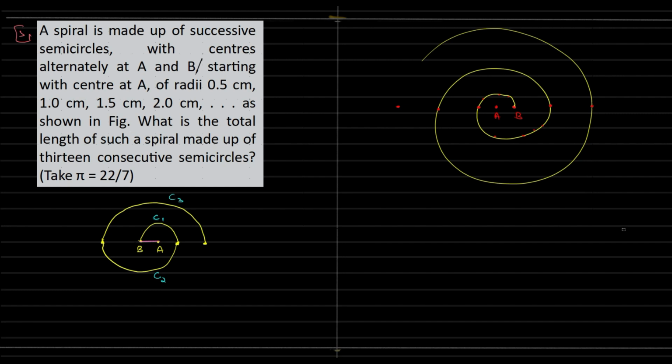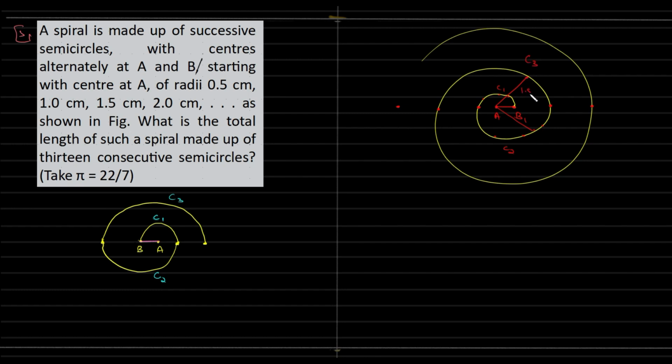Starting with the center A, the radius of the first semicircle will be 0.5. So from A to B is 0.5. And the next one is down here. This is C2, this is C1, and this radius is 1. The third one is this one.